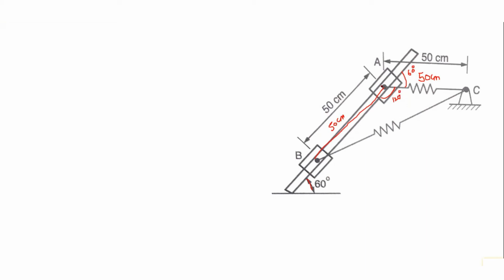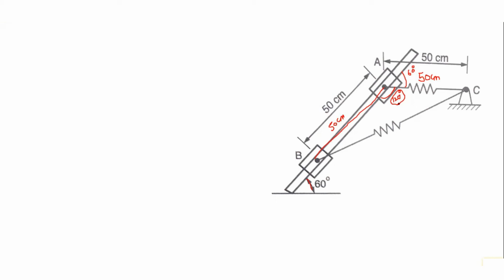Now in this triangle ABC, two sides are known and one angle is known. Just recall our previous topic, kinematics of rigid bodies. We said that if in any triangle two sides and one angle are given, we can apply the cosine rule.